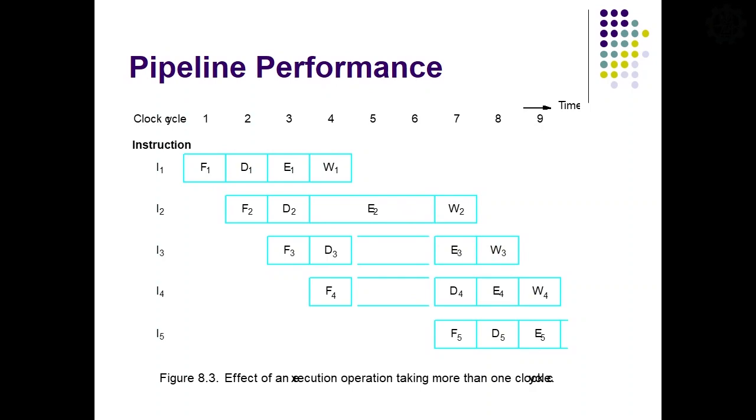Now, life is not so easy. So, you can see one example here. The first instruction went very smoothly. It took only 4 cycles. For the second instruction, what happened is that this instruction takes much longer time in the execution unit.